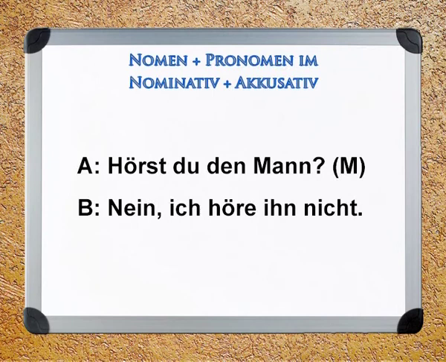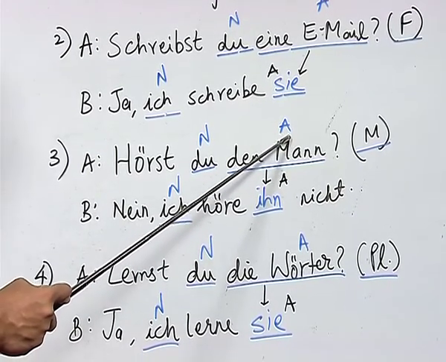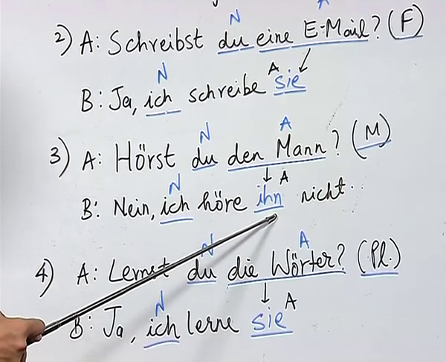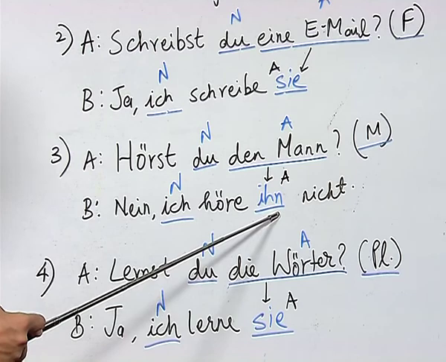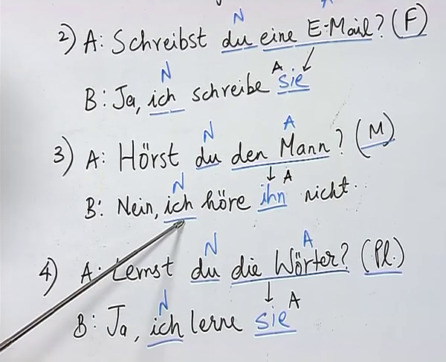Hörst du den Mann? Nein, ich höre ihn nicht. Here, as you can see, du is nominative, den Mann is accusative, and here den Mann, which is an accusative, is converted to the pronoun ihn in accusative, and the nominative here is ich.